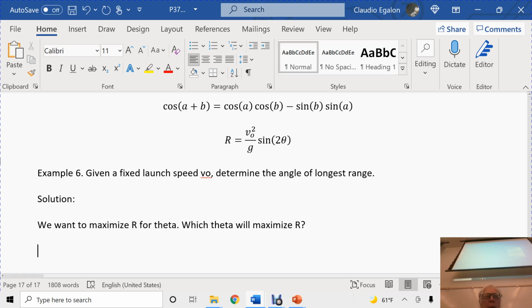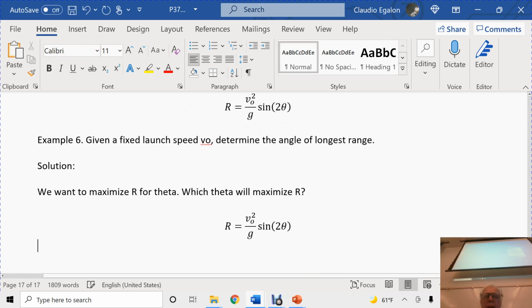So go ahead, look at this, copy and paste this equation right in here. And then you look at your equation. You have a sine of 2 theta here, right? That's the function that needs to be maximized. Which value do you want this function to have? 1, right? That's how you maximize the sine function.